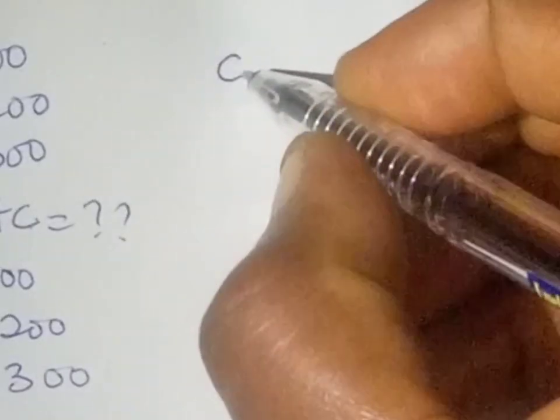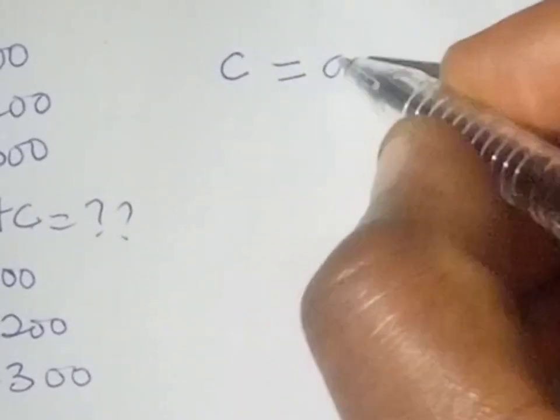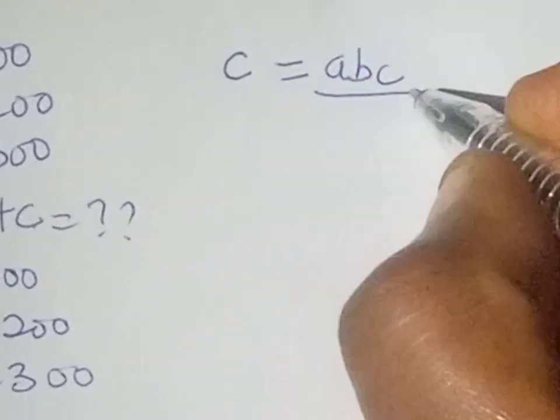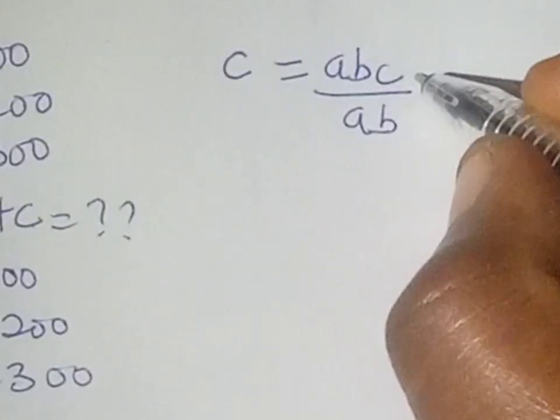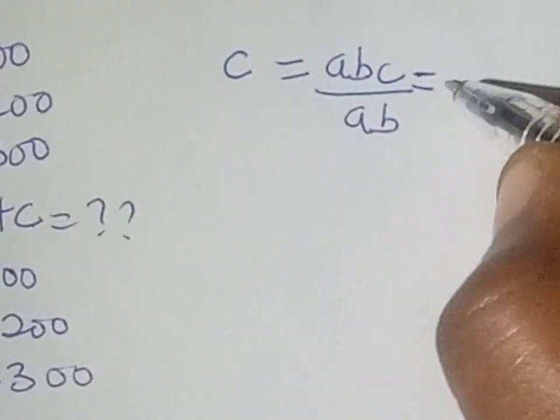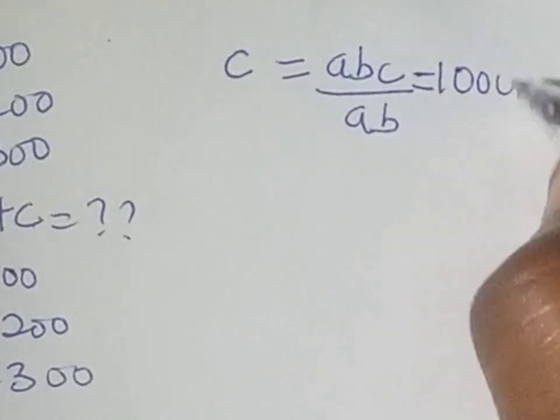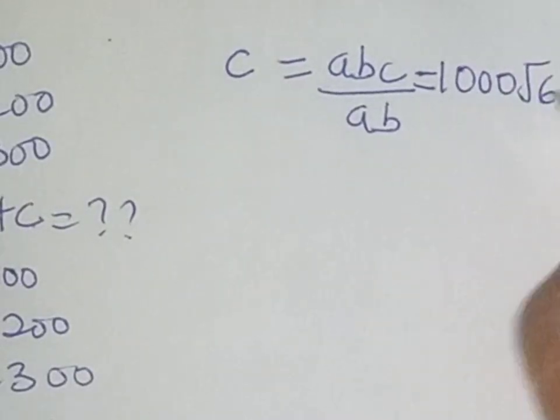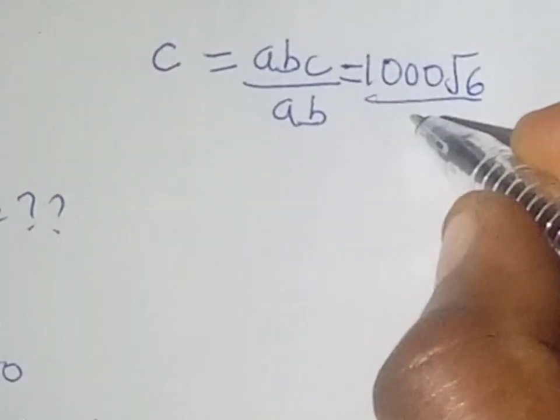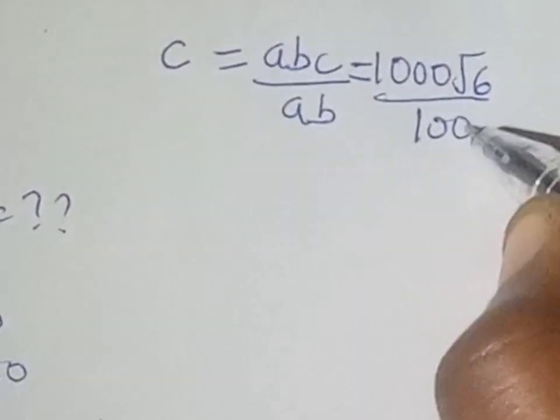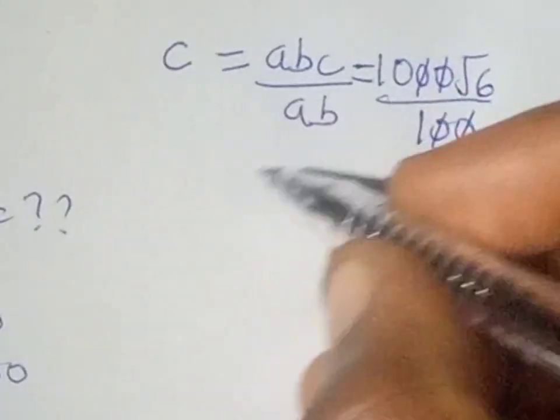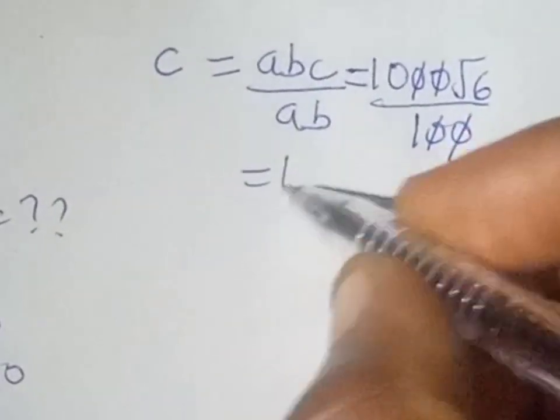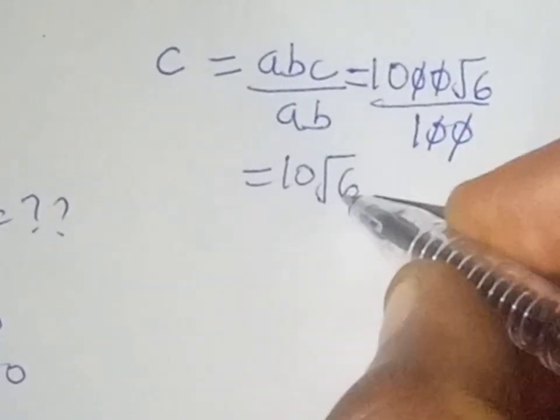Let's find our C. Our C equals ABC divided by AB, where our ABC equals 1000 root 6 and our AB equals 100. 0 cancels 0, 0 cancels 0. So our C equals 10 root 6.